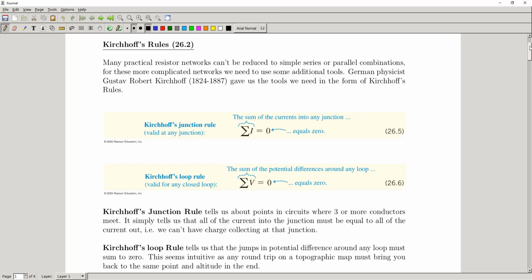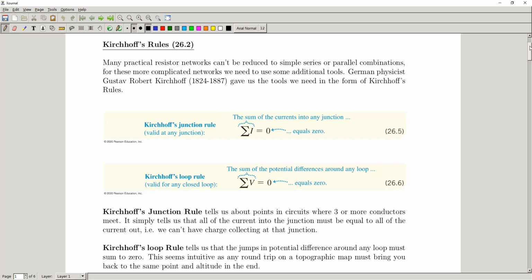These more complicated networks need more sophisticated tools to solve for the variables that we're looking for, and the tools that we need are supplied for us by this German physicist by the name of Gustav Robert Kirchhoff, who lived in the late 1800s, and he gave us the tools that we need to solve for the variables that we want to in these systems.